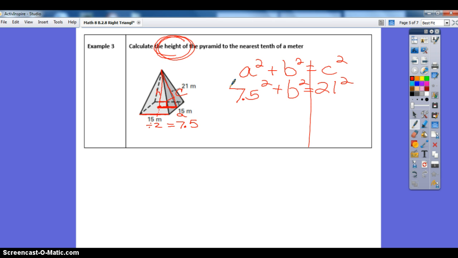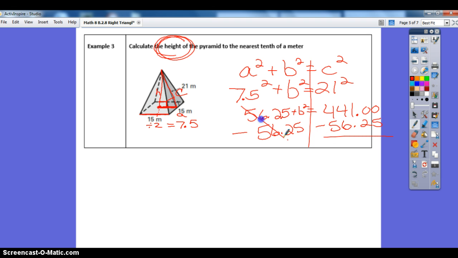So what's 7.5 squared? 56.25 plus b squared equals, what's 21 squared? 441. Woohoo! Can you imagine how long these would take if you could use your calculator? Now what do I do? Subtract 56.25. Minus 56.25, and if you're doing decimals, you would line them up if you didn't have a calculator.